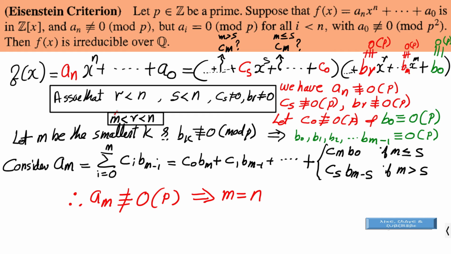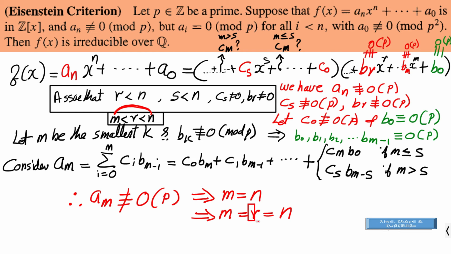So if you look at this statement, you can see that m less than or equal to r less than n is available to us, and then this m must be equal to n implies that from that inequality m must be equal to r, which must be equal to n. So from that what we have is that this r is equal to n.